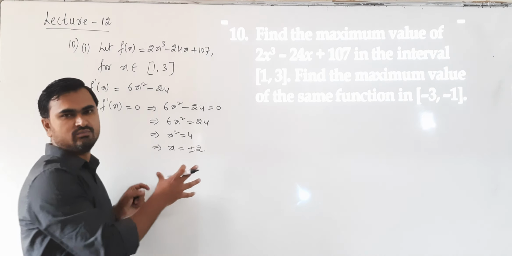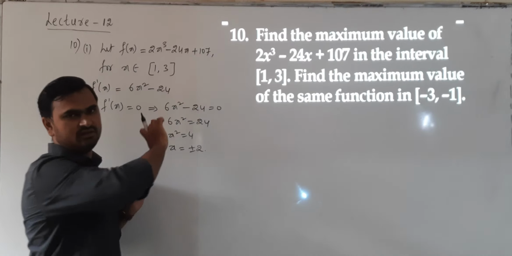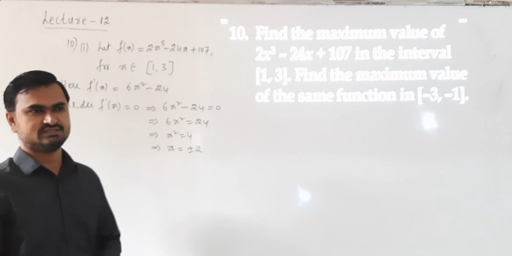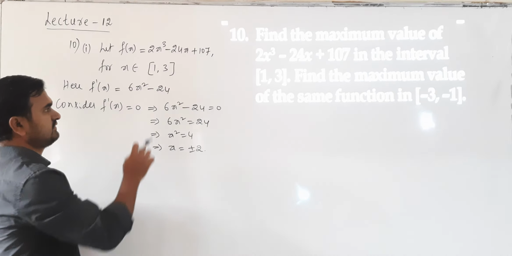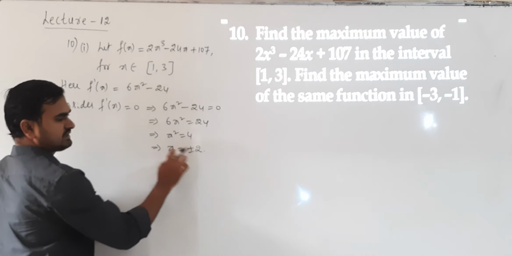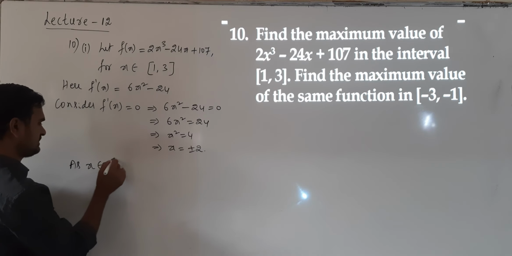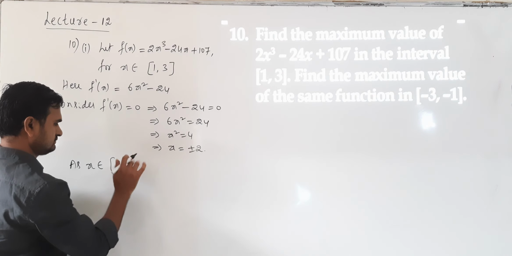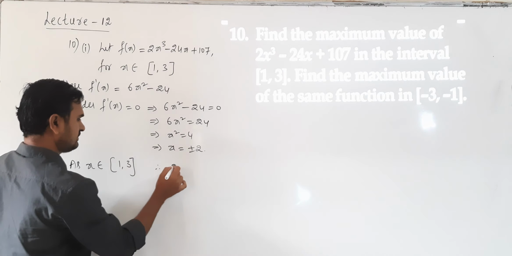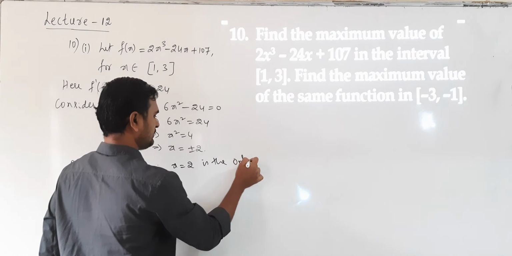Whatever critical points we get must lie in the given interval. So we exclude the critical points which are not lying in the given interval. The interval is from 1 to 3, so we don't get minus 2, as x belongs to the closed interval 1 to 3. Therefore, x equal to 2 is the only critical point.